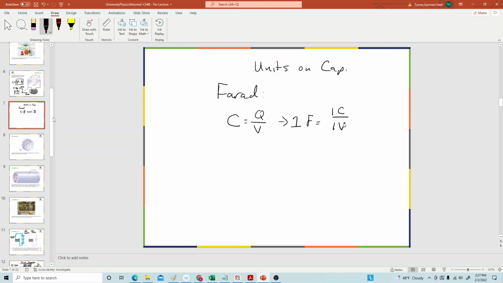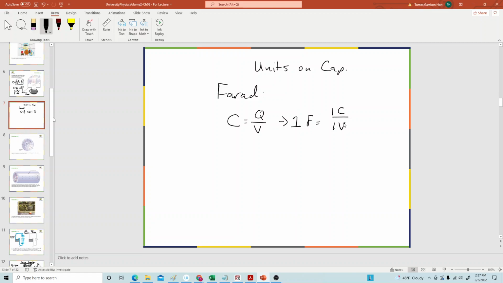So if you had a capacitor of 1 farad in capacitance, that means a battery of 1 volt could move 1 Coulomb of charge between the two plates. That is an extremely high number.